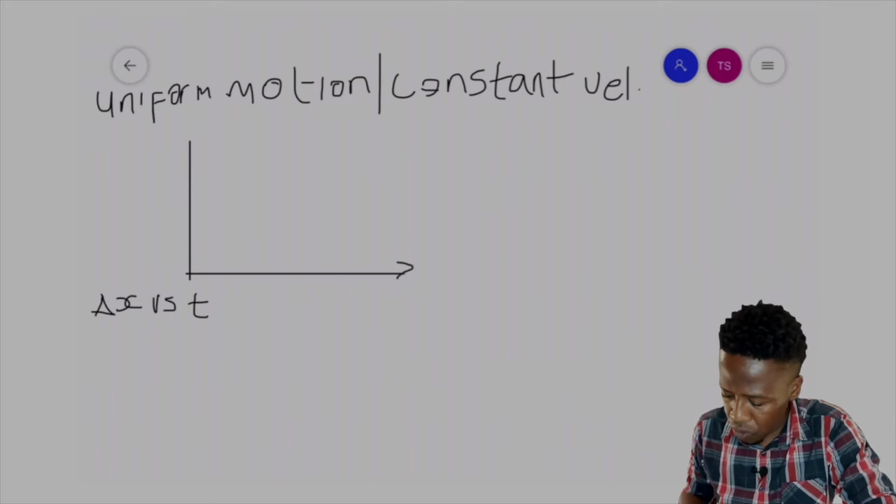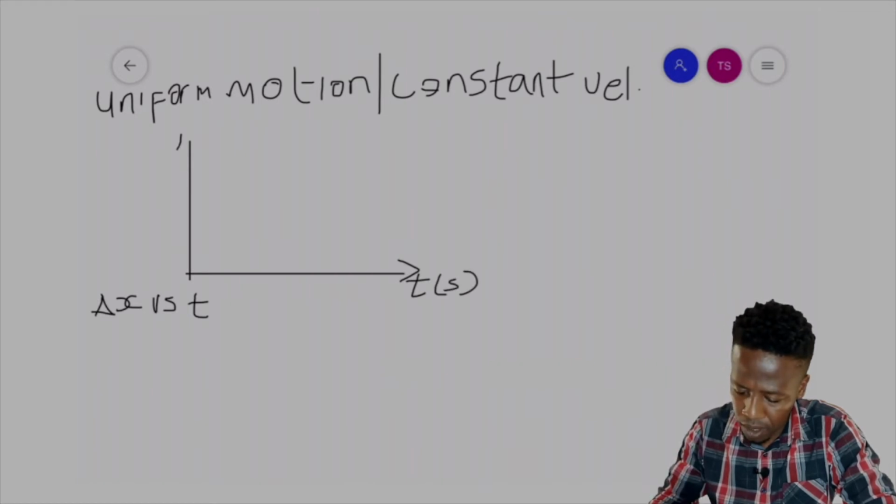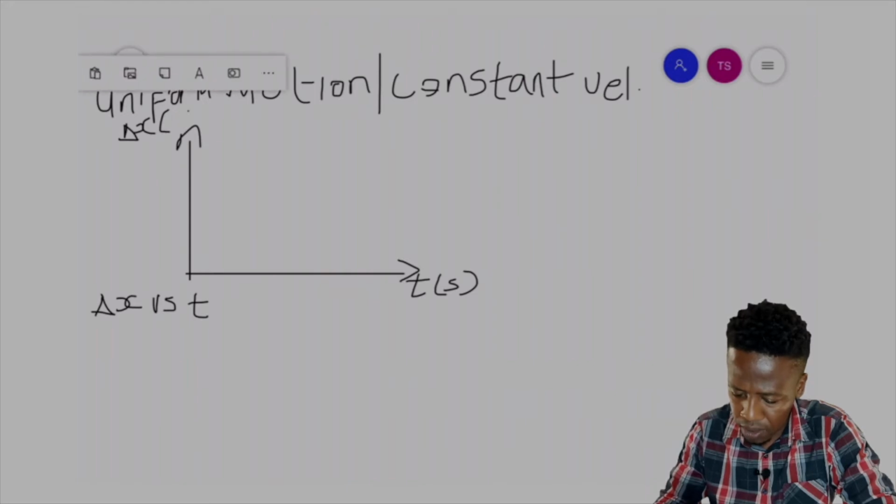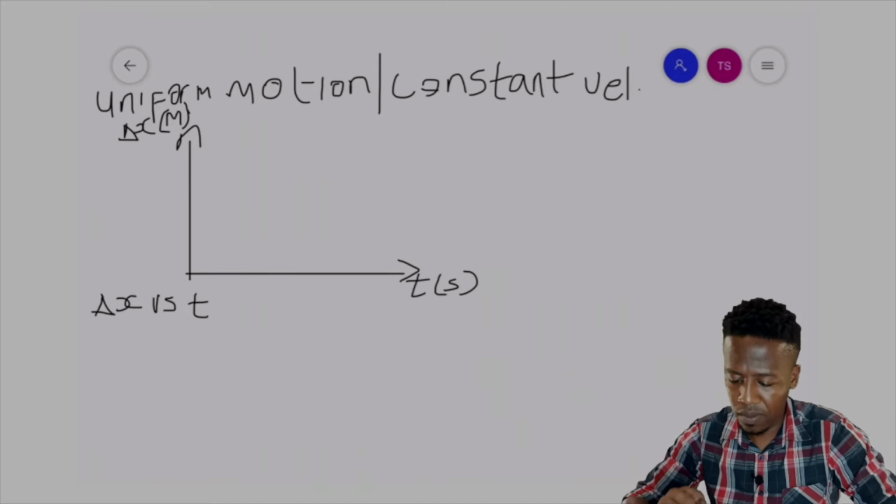Now on the horizontal axis you always have time, which is measured in seconds, and then on the vertical axis you have your change in position, which is measured in meters.